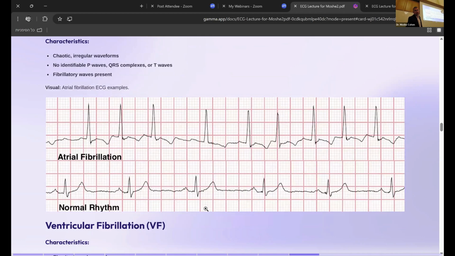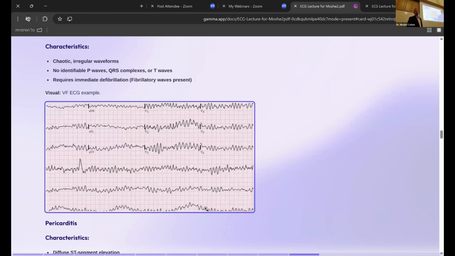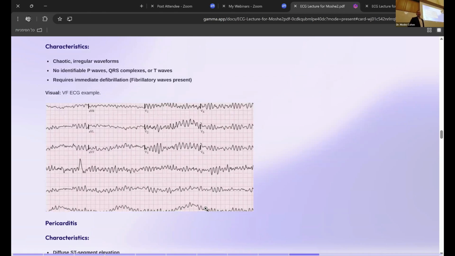This is a very interesting ECG. Okay, this is what I wanted to show you. This is ventricular fibrillation. Ventricular fibrillation is what we call an electric storm. You see that the activity is completely chaotic.